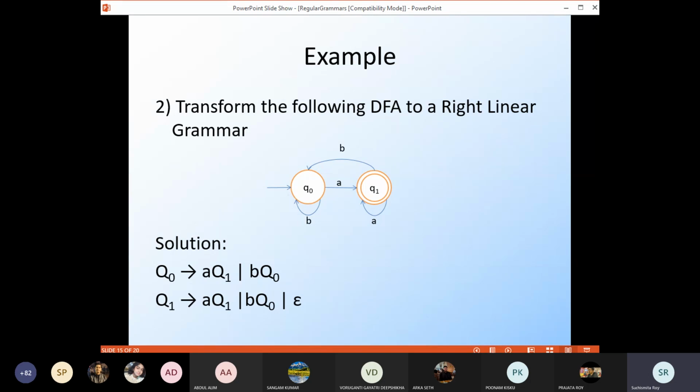It is possible to have more than one right linear or even left linear grammar, just as it is possible to have more than one DFA for the same regular language. Isn't it possible to have more than one DFA? It is only the minimum DFA which is normal, please remember, which is unique. You can have so many different DFAs which are still deterministic and produce the same language. So from each different DFA you can create a grammar.